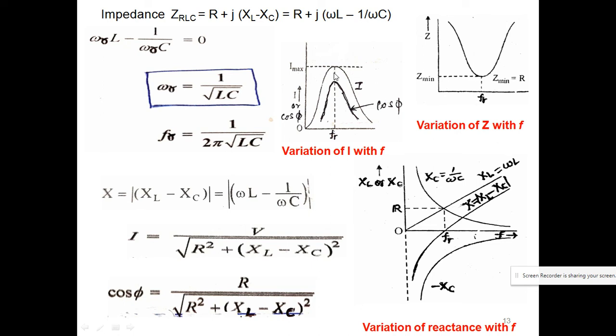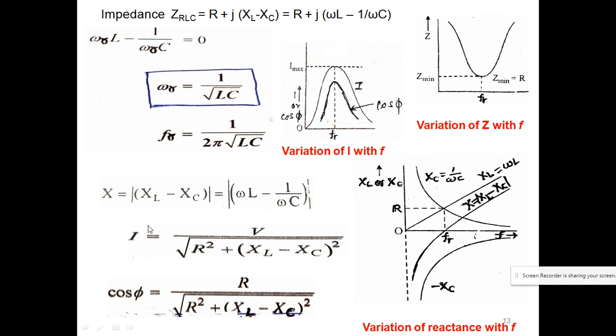Is it okay? When the frequency increases above the resonant frequency, our impedance now becomes inductive, because this portion will increase here. Because this is increasing, our current will decrease. So you can see our current starts from zero, increases up to the resonance frequency, and then decreases.